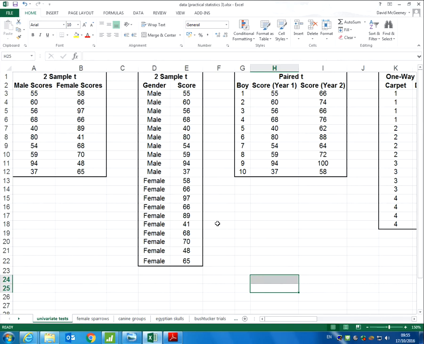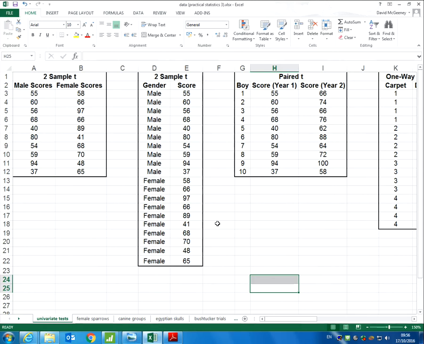Okay, that's 2 independent samples. What about here? What have we got here? 10 boys, and they take an exam in maths in year 1. And what happens in year 2? The same 10 boys take another exam in maths. Okay, so that isn't the 2 sample t-test. What's it called? The paired t-test.